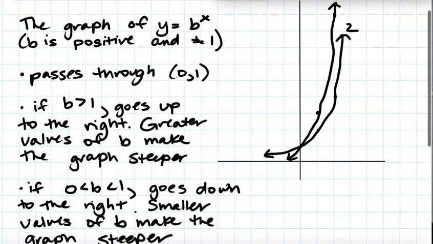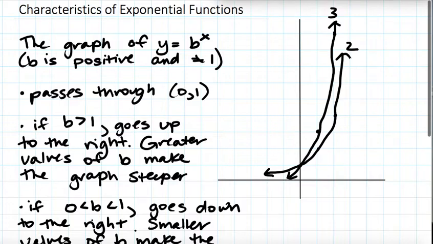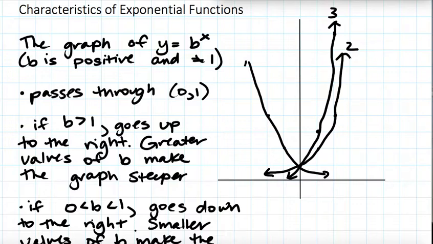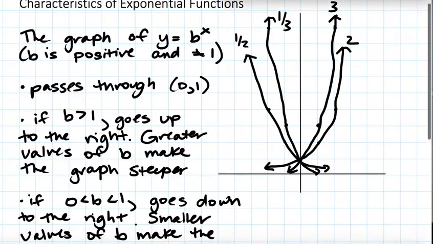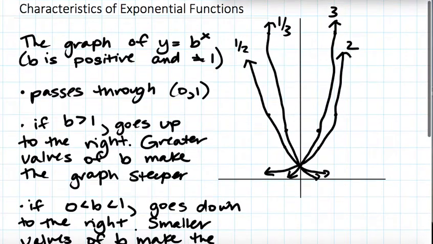So if I compare the graph of y equals 1/2 to the x and y equals 1/3 to the x, I see that the graph of 1/3 to the x is more steep, and 1/3 is smaller than 1/2. So smaller values of b make steeper graphs.